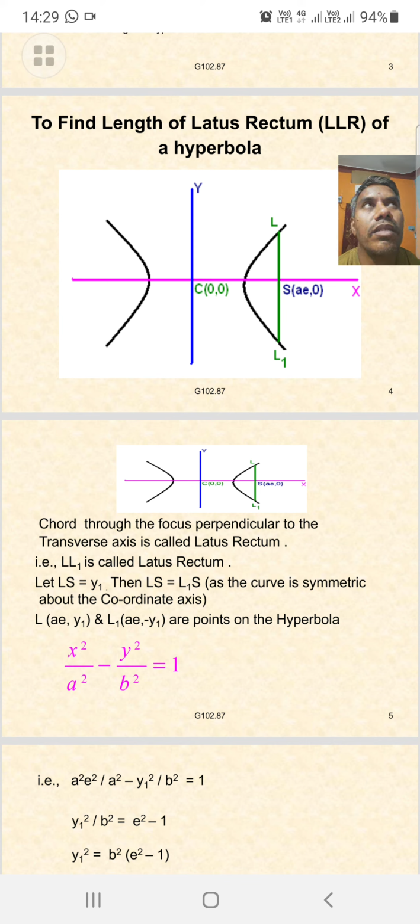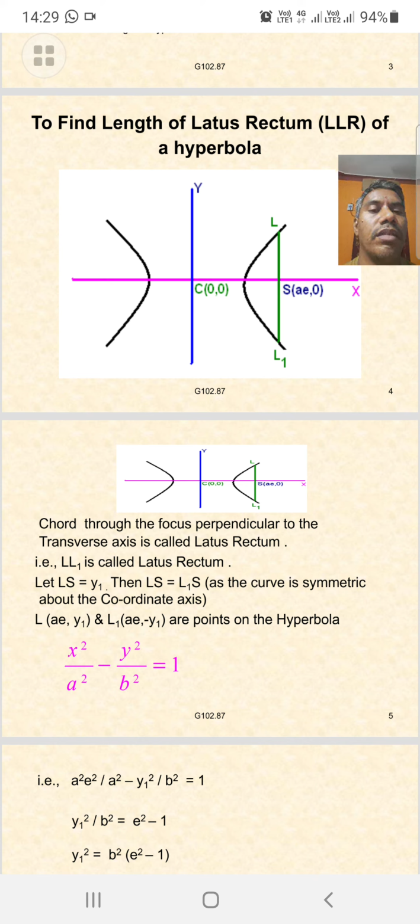And here we discussed the third and fourth forms of the hyperbola. The first two forms we already know, with center 0, 0 and axes as coordinate axes.